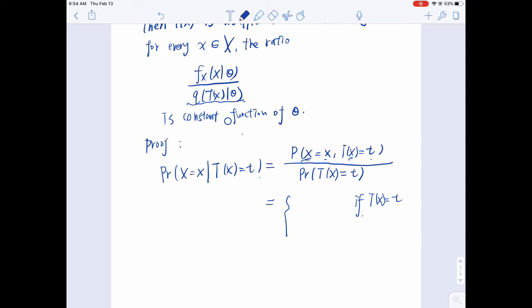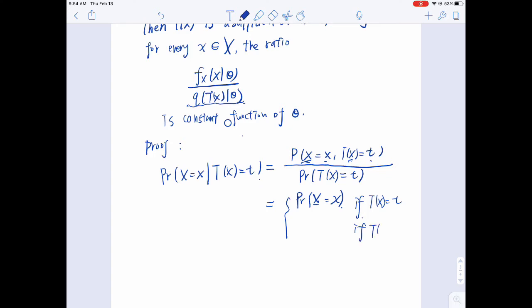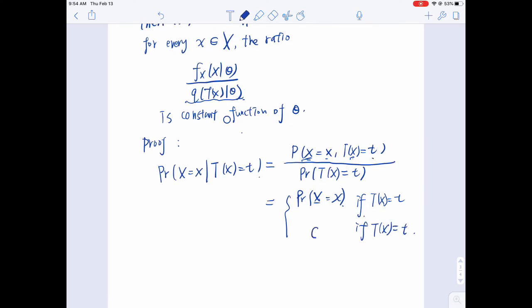By saying that, I'm trying to show you the probability of X equal to x is equal to the probability of X equal to x jointly with T(X) equal to t. However, if T(X) is not equal to t, then this joint probability is zero, since one element of the joint is not going to happen.